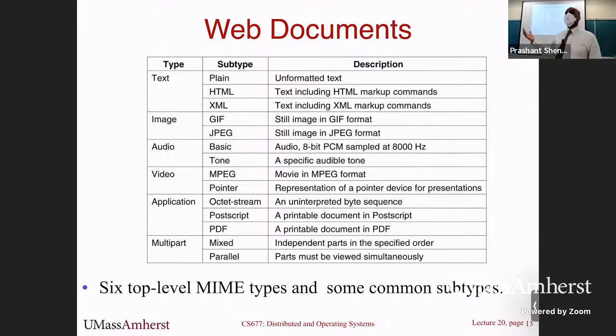Okay. So when an HTTP request generates a response, that response is going to have this content in it. And the content is encoded using MIME. MIME is a way to encode that content, and just as you have attachments in email, those are MIME attachments. So you have attachments in HTTP responses, which could be any of these. Okay.